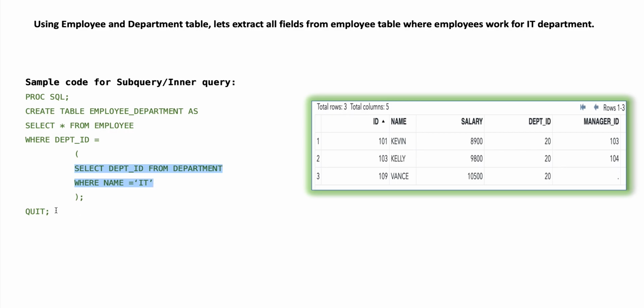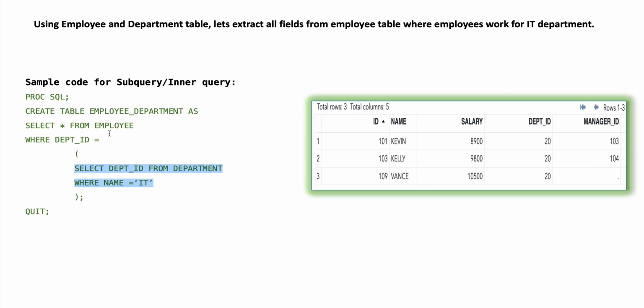When we run the whole set of code, first the subquery executes and returns a value. That means it returns the department ID which is related to the IT department. Its value is 20, because the IT department is related to department ID 20.